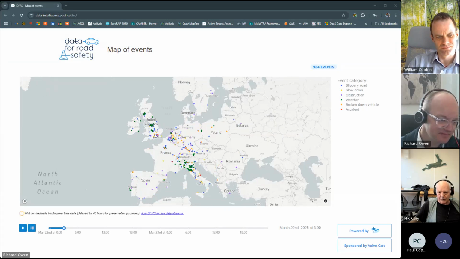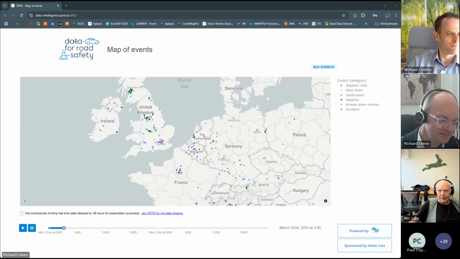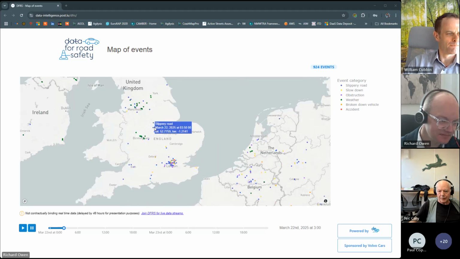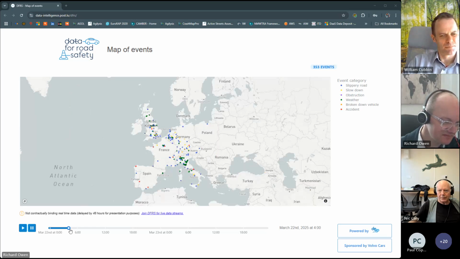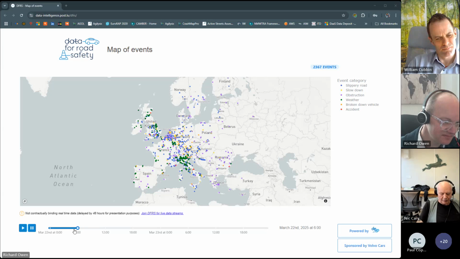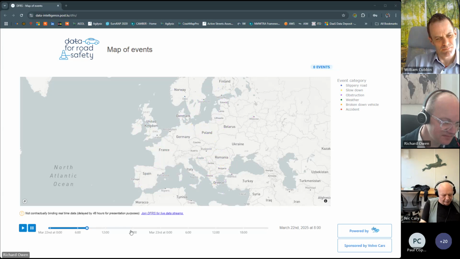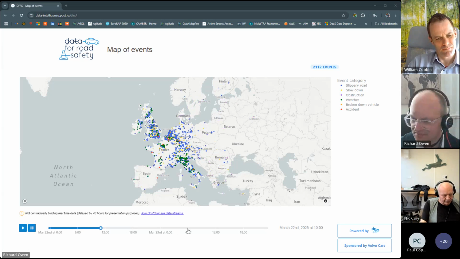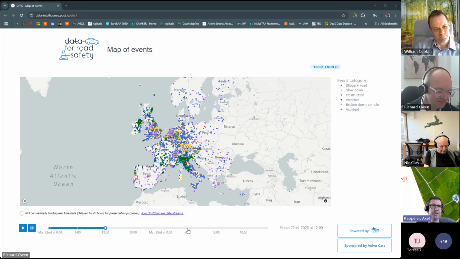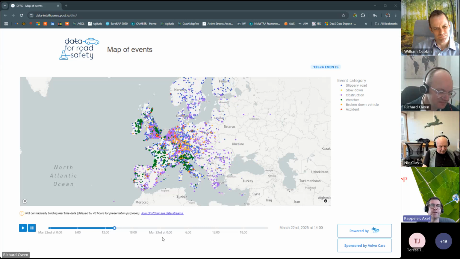But it does show how different events change over time, which can be another interesting way of looking at safety data. So you don't just get a static picture of, oh, this is for 2022 or 2023. You can get something over a particular time period that you're interested in.